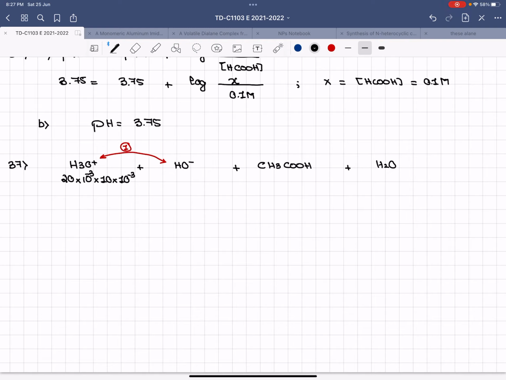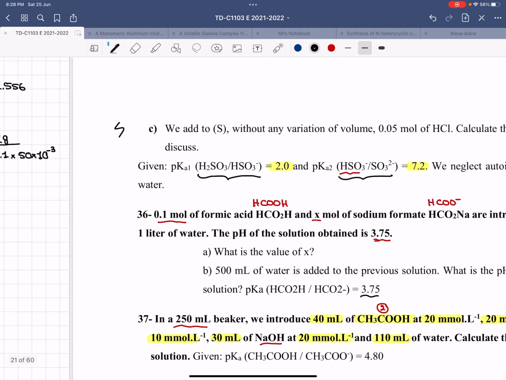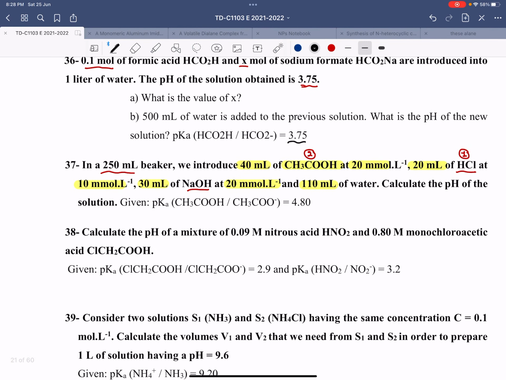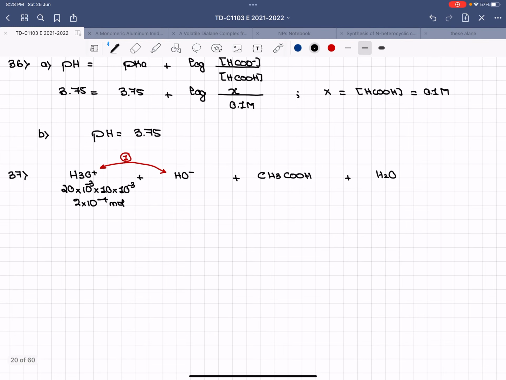You get a value of 2 times 10 to the power negative 4 moles. I'm working here in moles. HO minus is 30 times 20, 600, so 6 times 10 to the power negative 4. CH3COOH was 40 times 20, so that's 8 times 10 to the power negative 4.